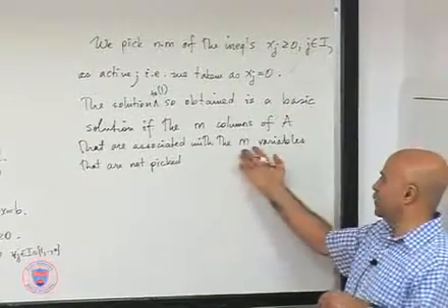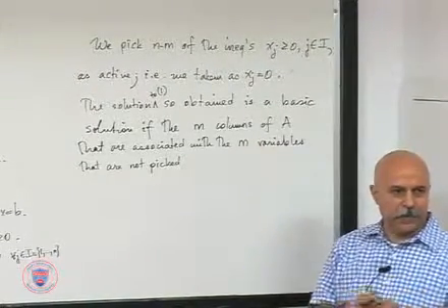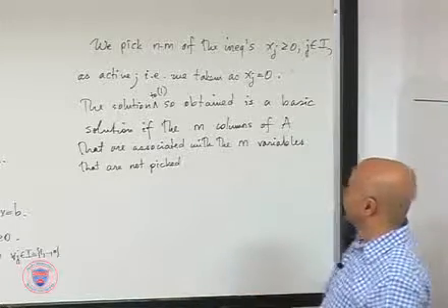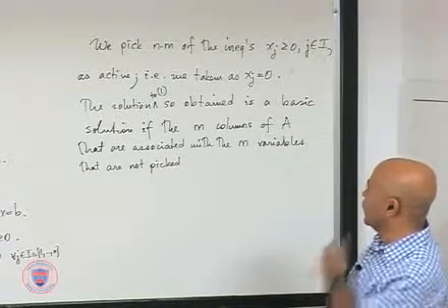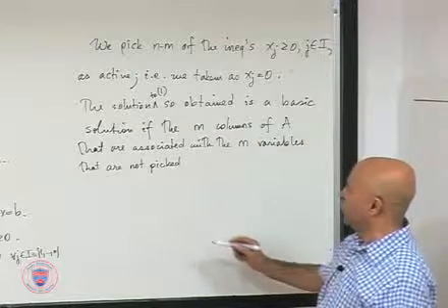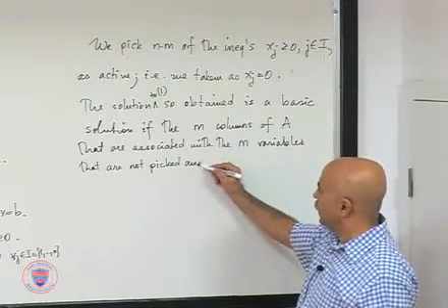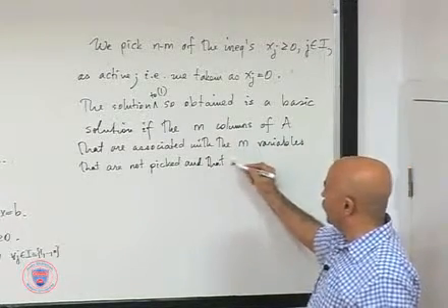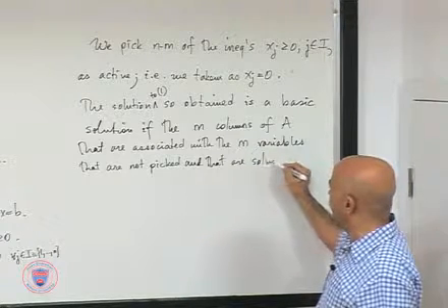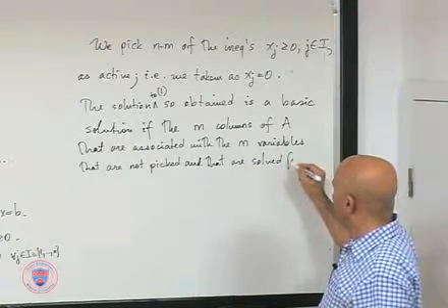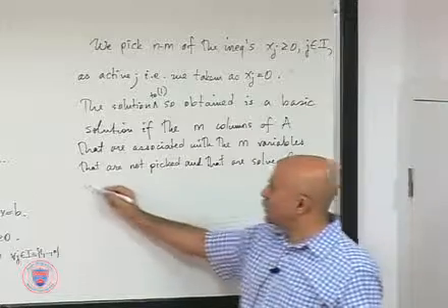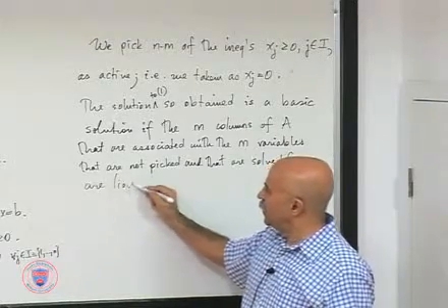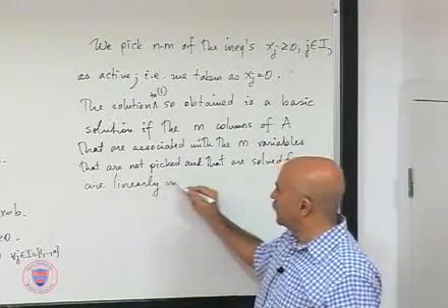And so the remaining ones are m. N minus m of them are set equal to 0. So the columns of A that are associated with the m variables that are not picked and that are being solved for are linearly independent.